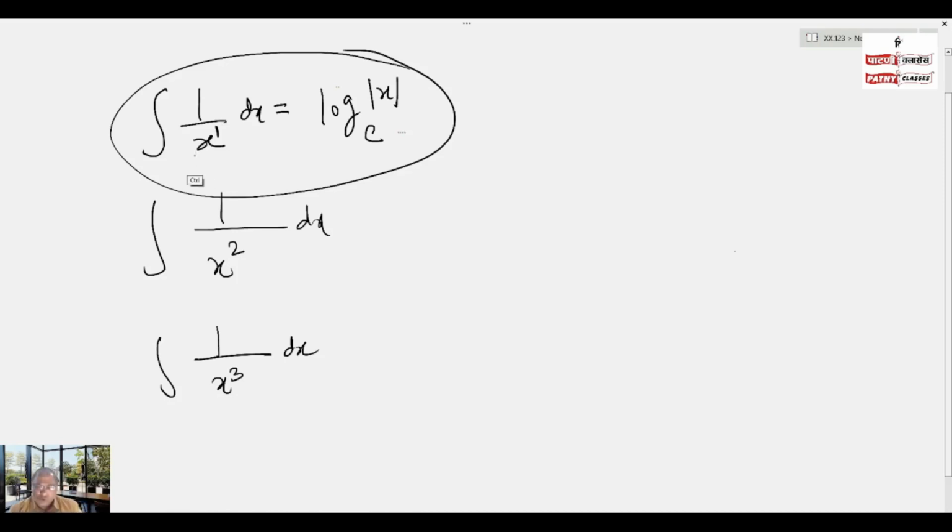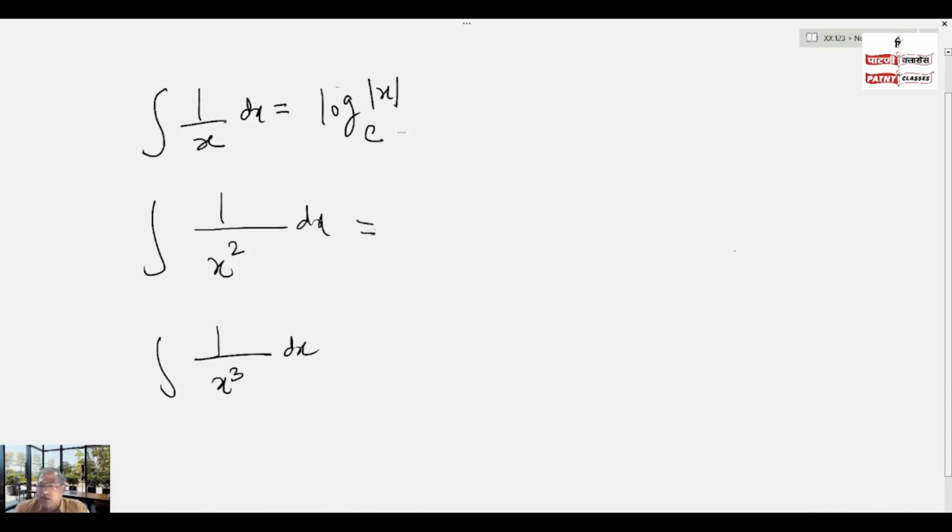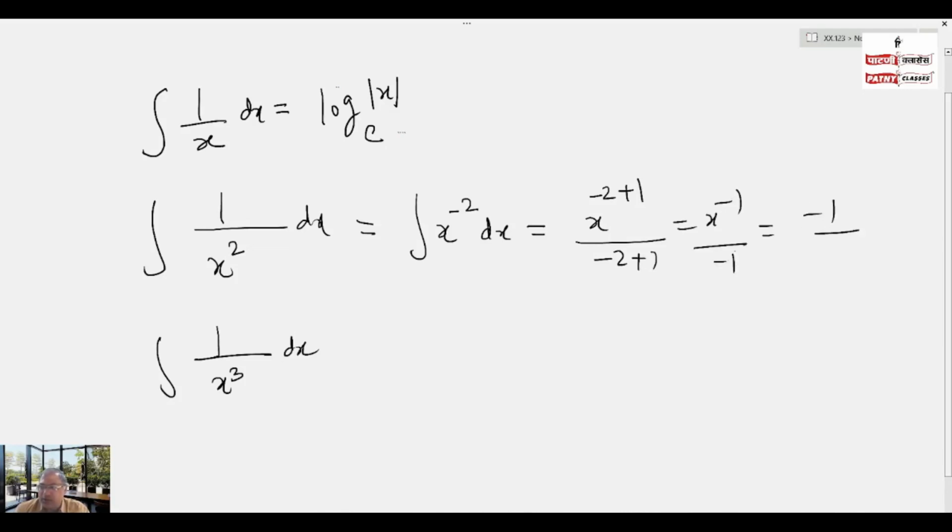So what should you do in that case? In that case, you can utilize the formula from the type 1 problem. That is, integration of 1 upon x square can be written as integration of x raised to minus 2 with respect to x, which equals x raised to minus 2 plus 1, over minus 2 plus 1, equals x raised to minus 1 upon minus 1, equals minus 1 upon x plus c.